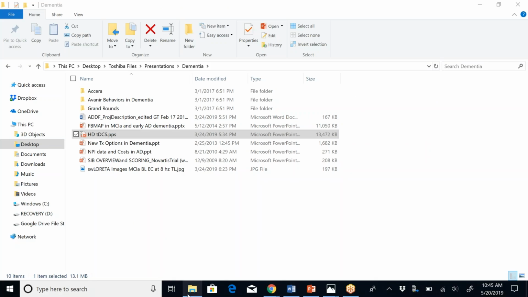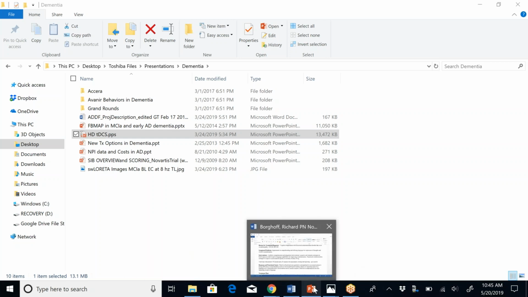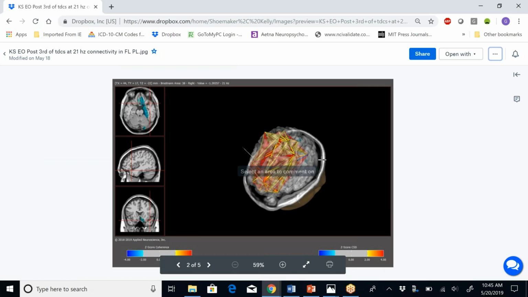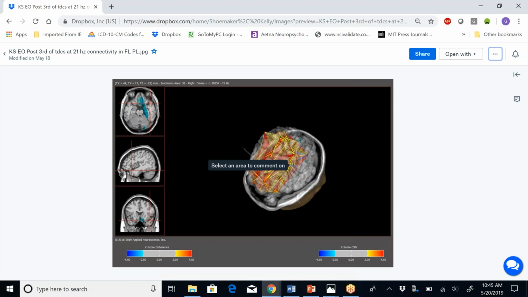So to get back to your question, for this patient here, this patient went through their first treatment, which was an active form of neuromodulation called neurofeedback. Made some gains, definitely made some changes in functioning. And then she went through 3 rounds of tDCS.